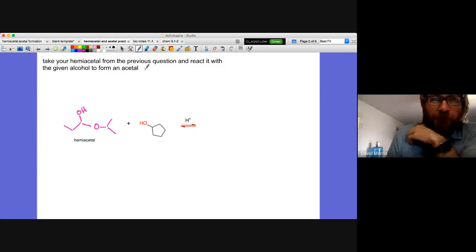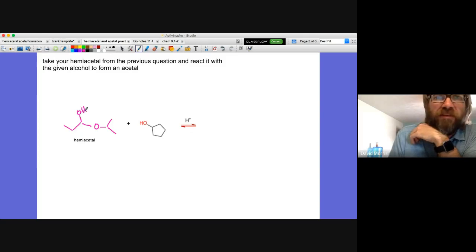So again, I'm going to take part of this and part of this, and I'm going to remove the water. What part doesn't really matter. So I'm just going to assume that I'm going to take this and this hydrogen, but this oxygen is still going to be there, right? So again, I just draw everything in here minus the hydroxyl group.